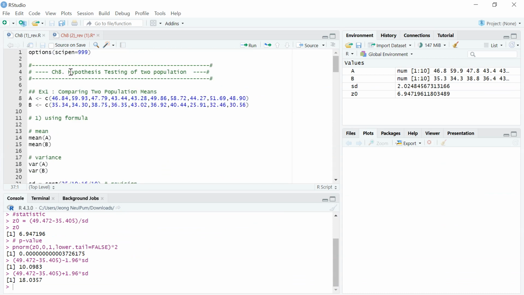And before going to the next problem, this is the code for helping us to see the value from the scientific number, because before we run this code, you cannot see this value.